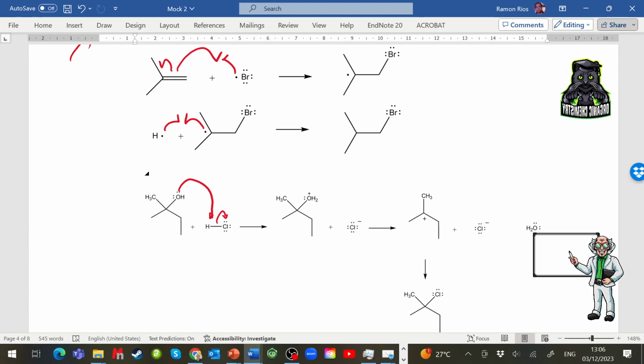What I am doing in this reaction is converting this hydroxyl, which is a very bad leaving group, into water, which is very good. Next step, the water departs, generating this carbocation, which reacts with the chloride to give the final compound.